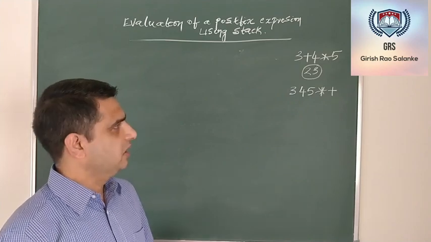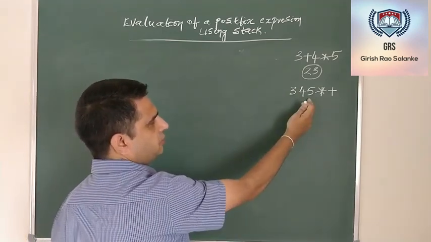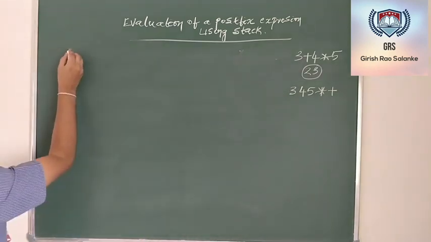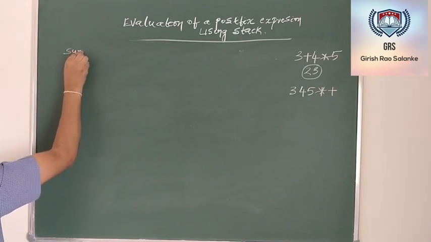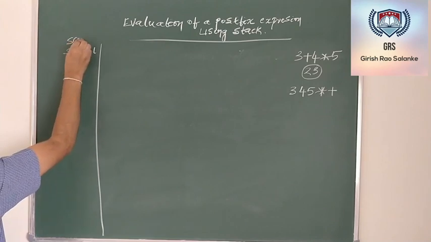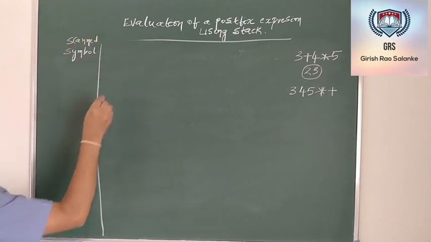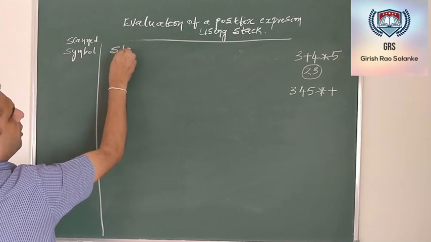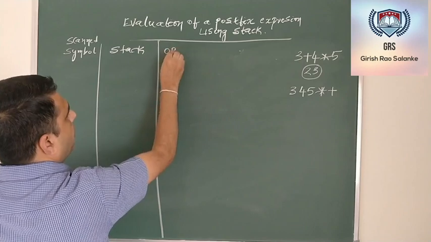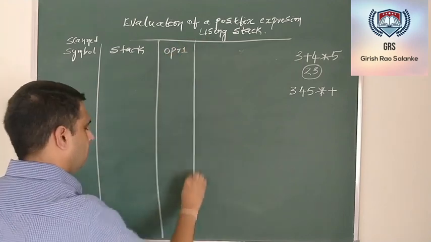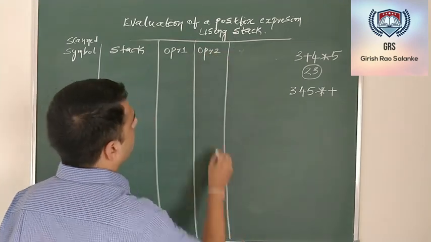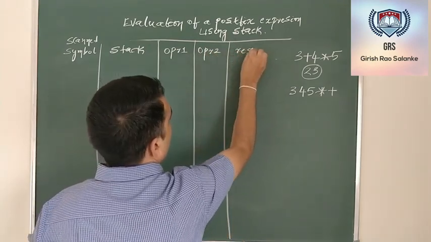Even if I use a stack to evaluate this postfix expression, I am supposed to get the answer as 23. I will have the first column for scan symbol, the second one as stack, the third one as operand 1, the next one as operand 2, and then this is my result.